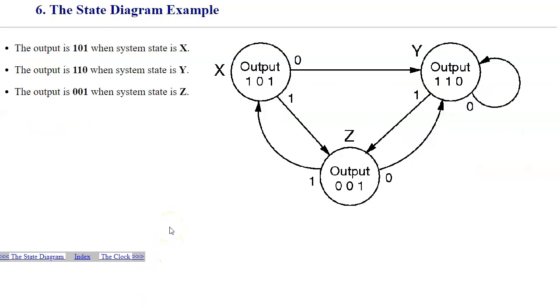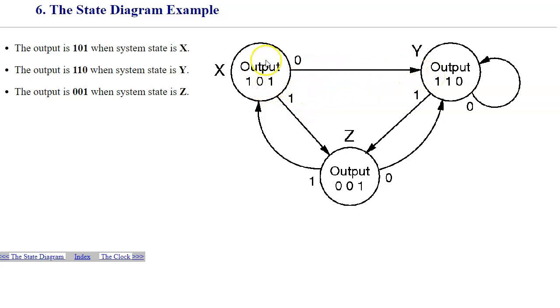So here's another example of a diagram of a finite state machine. This finite state machine has 3 recognizable states labeled X, Y, and Z, and apparently signals that it receives in each state, which could be 0 and 1, transition it from one state to another state.